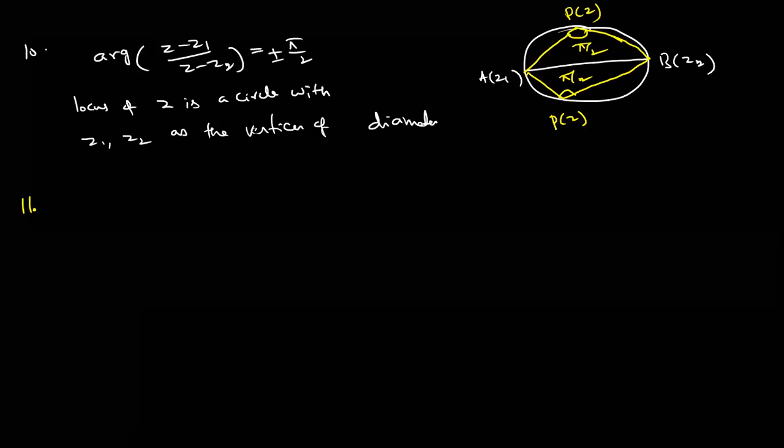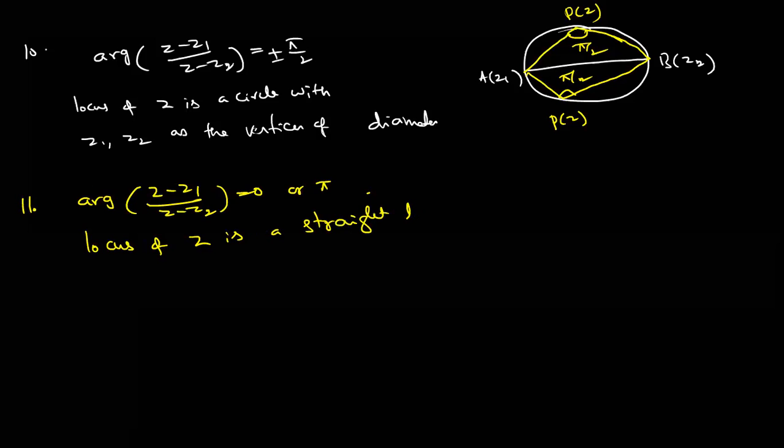So finally, if the argument of (z minus z1) by (z minus z2) is 0 or pi, therefore the locus of z is a straight line passing through z1 and z2. Right on. This is the concept.